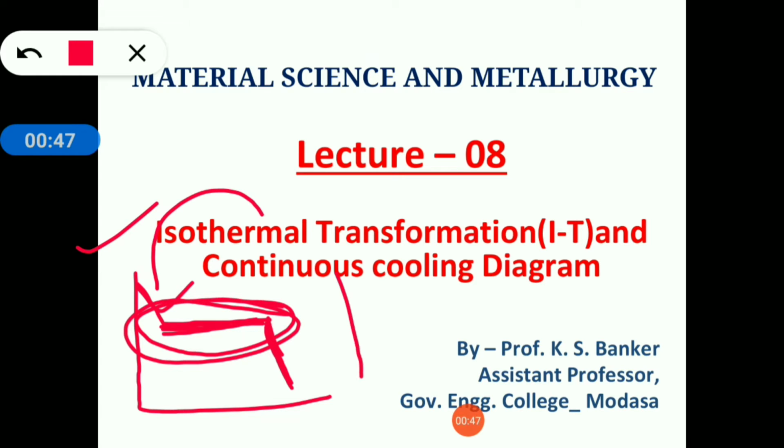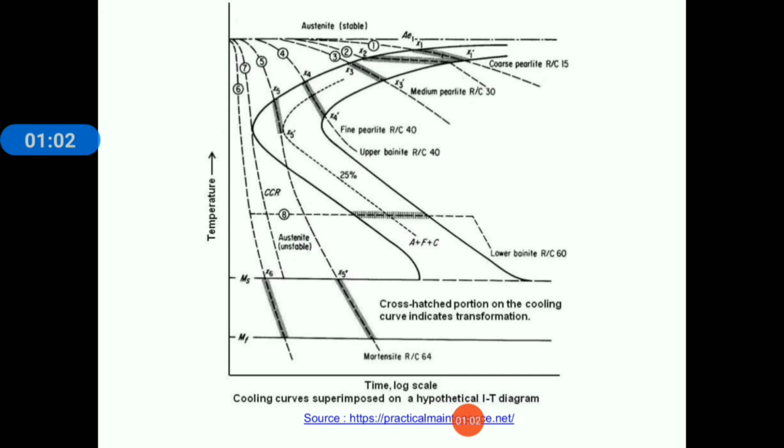And in the continuous cooling diagram, your substance will cool down continuously like this. During this continuous cooling, your liquid will transform into another structure. So this is the diagram of continuous cooling transformation as well as the isothermal diagram.